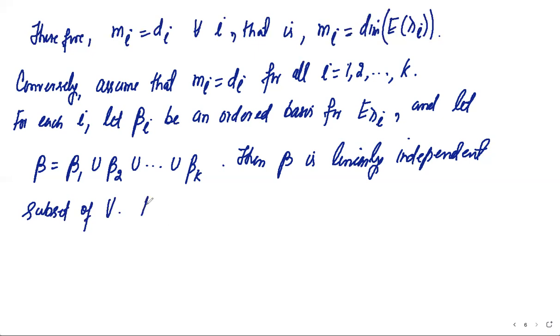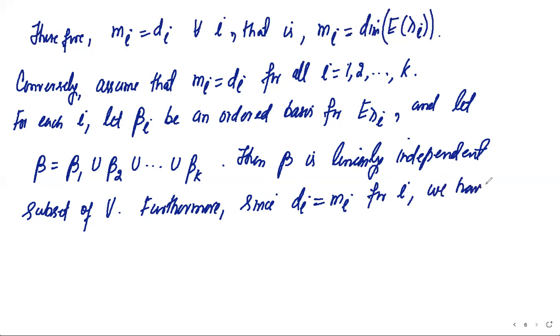Furthermore, since Di is equal to Mi for all i, we have the summation i running from 1 to k of Di is equal to the summation i running from 1 to k of Mi.